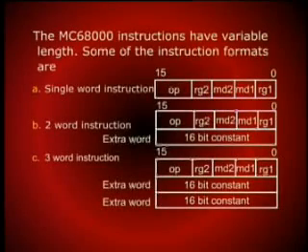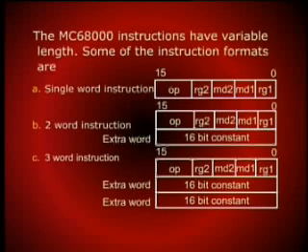The next slide shows the instructions which we have available with MC 68000. The first type of instruction is a single word instruction. We have opcode with 4 bits. Then we have register 2.